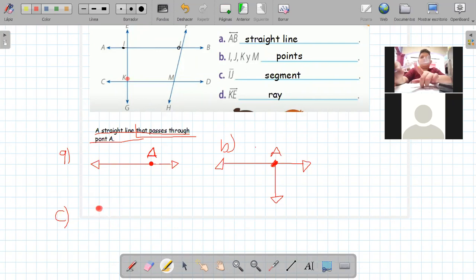And what is going to be the point? What letter? The point A. Exactly. And then how many rays? Two. Okay, I'm going to do the first one going this side and the other down. Exactly. Very good. Excellent, you understand. And this is the C.